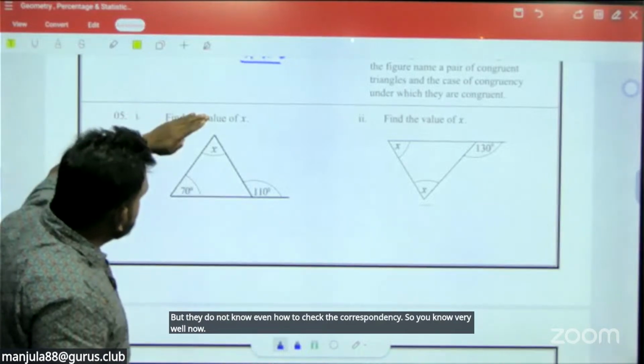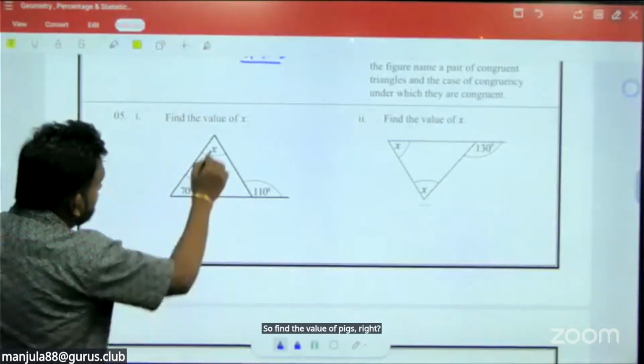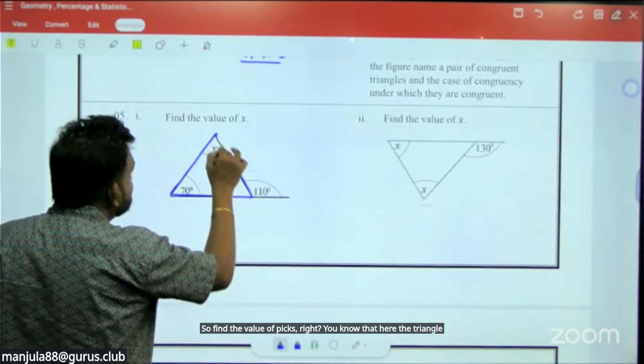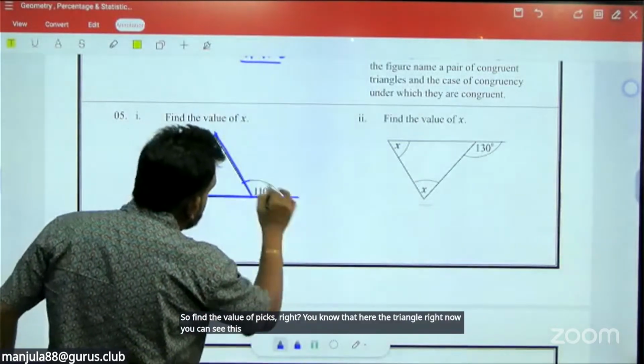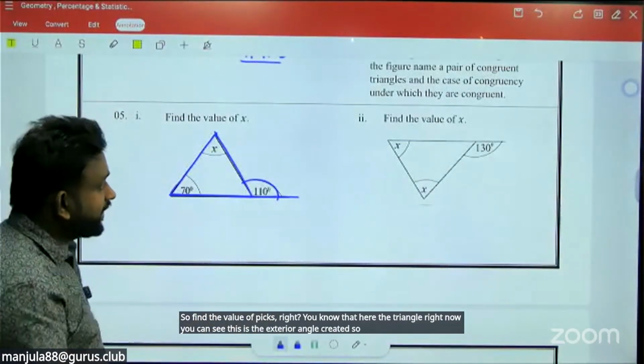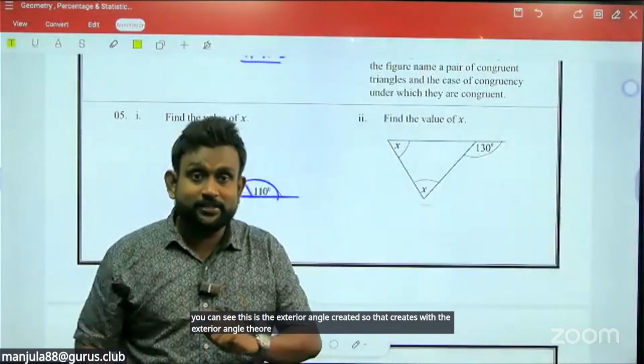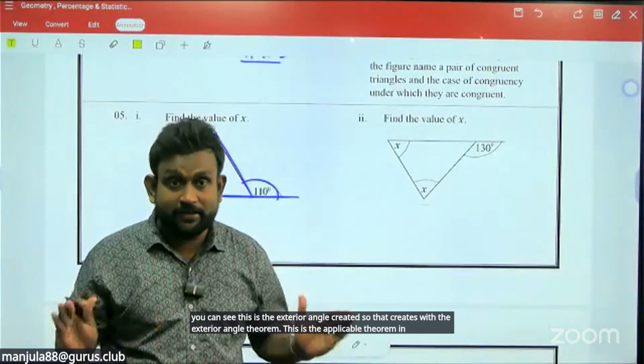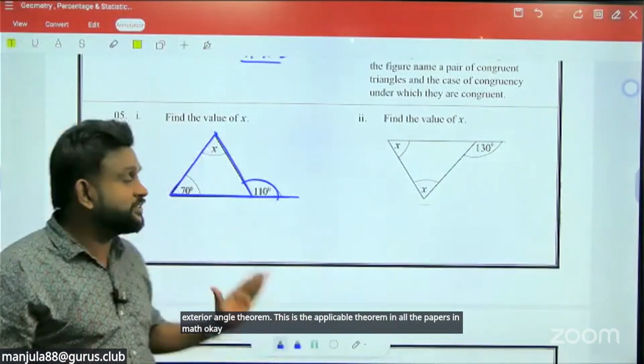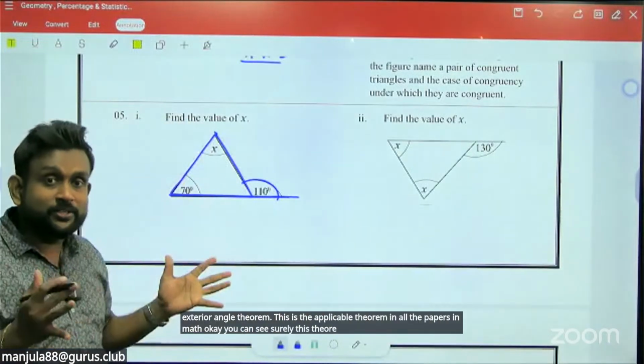So find the value of x. You know that here is the triangle. Now you can see this is the exterior angle created, so we apply the exterior angle theorem. This is an applicable theorem in all the maths papers, and it is surely used for doing geometric equations.